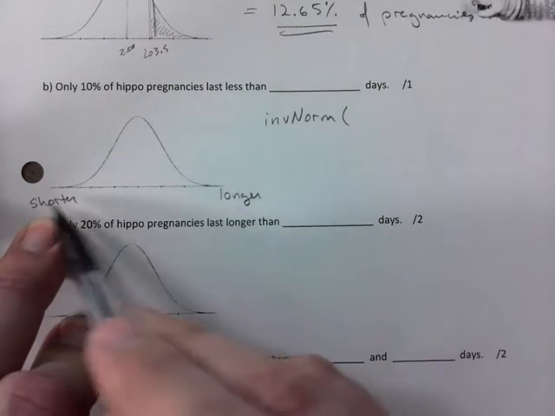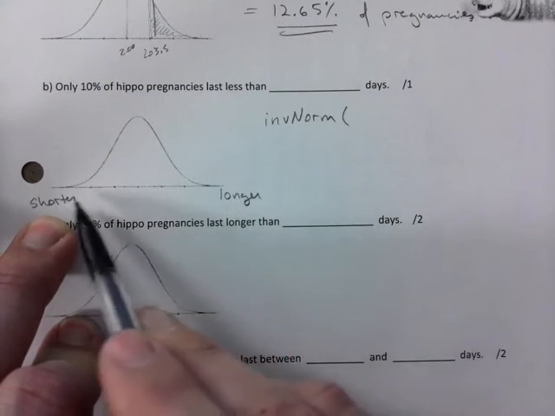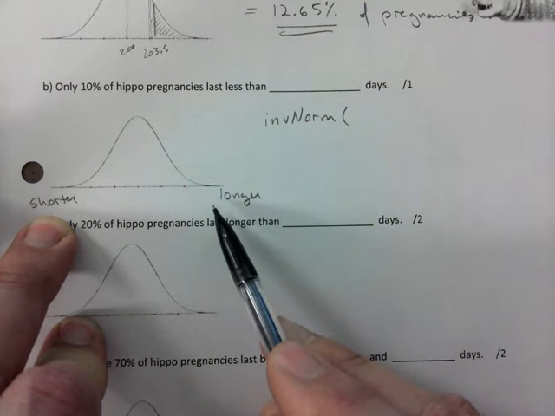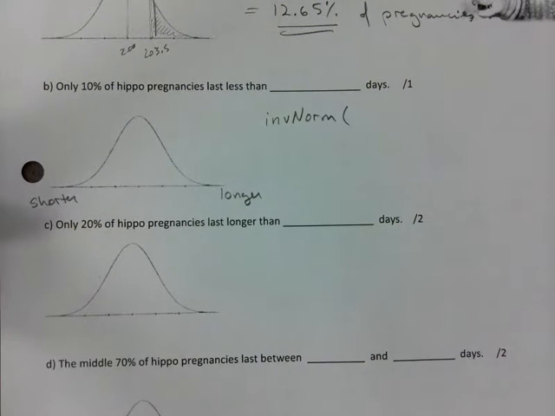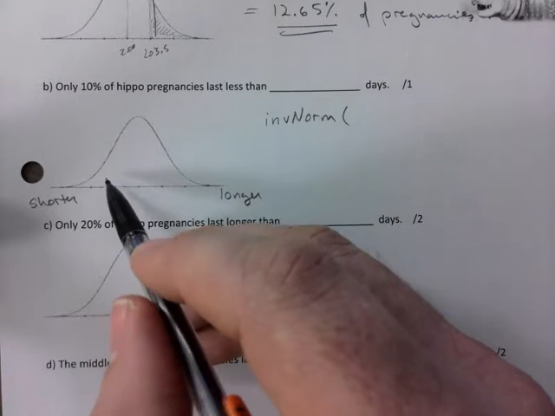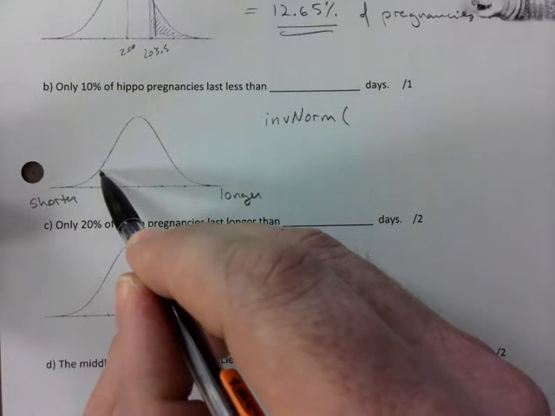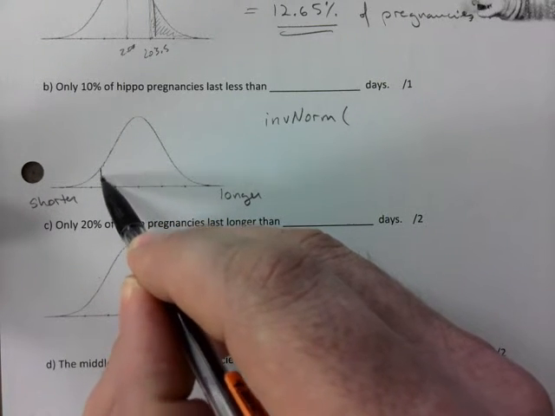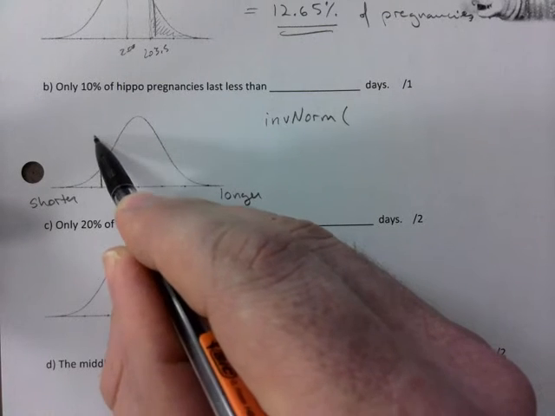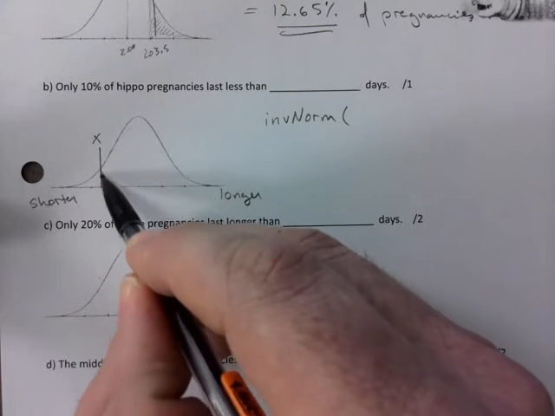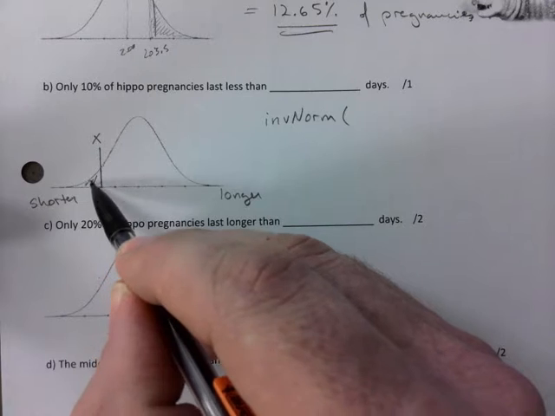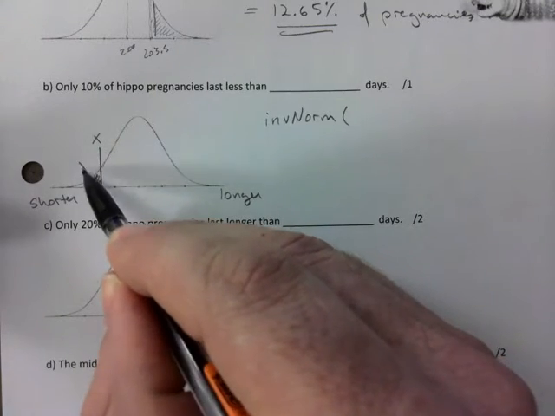Think about it that way. The higher you go up the x-axis, the longer it will take. So 10% of pregnancies last less than this many days. You want a number somewhere in here, and this value is going to represent the line where 10% are below.